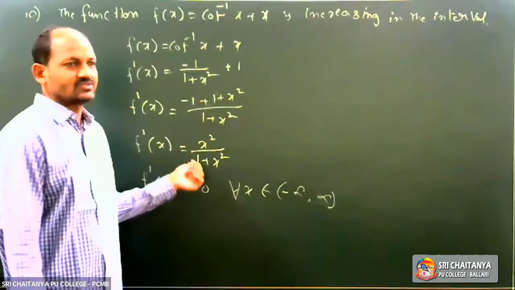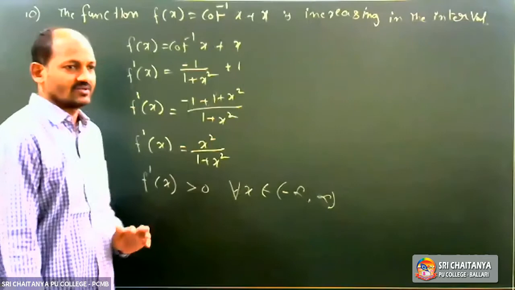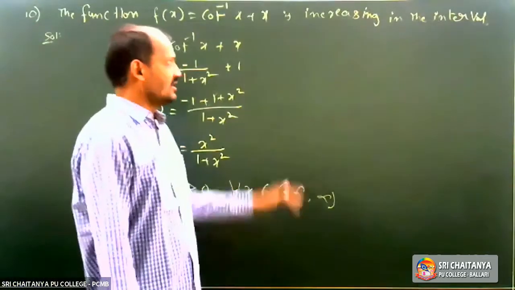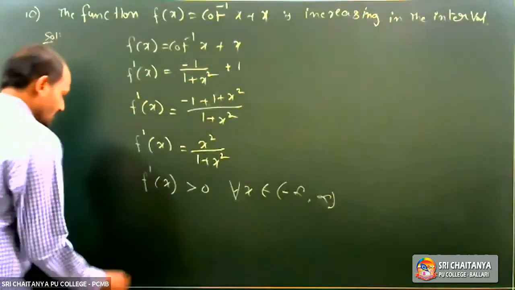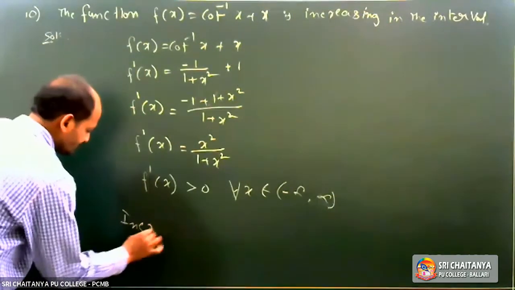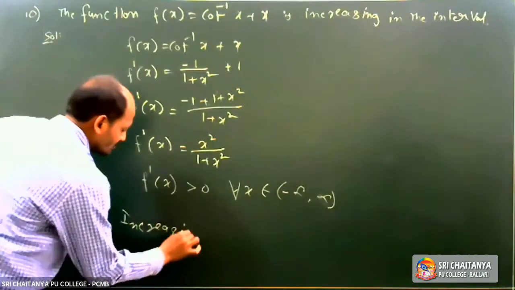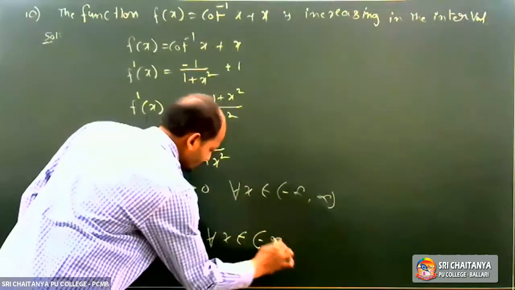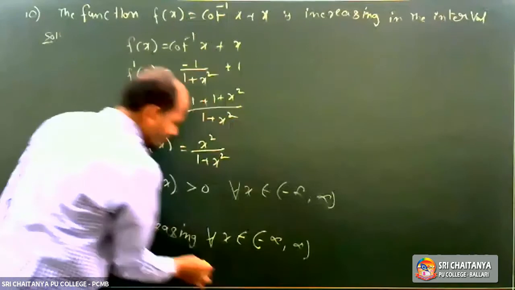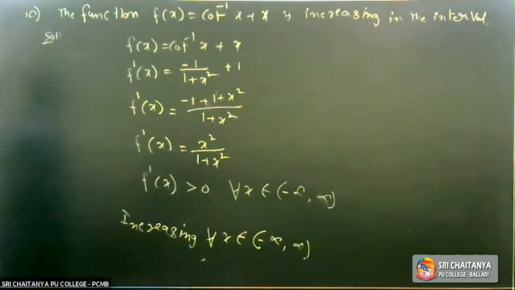Why? Because it is x square divided by 1 plus x square. So in this interval, the given function is increasing for all x belongs to minus infinity to plus infinity.